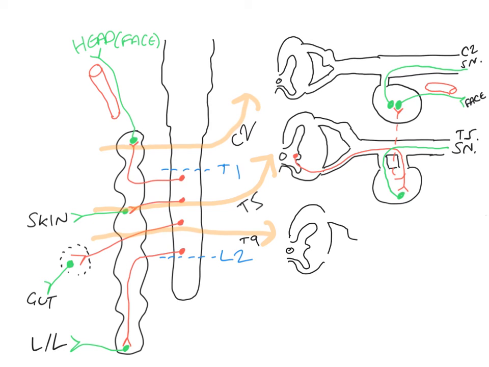We have a dorsal root with a dorsal root ganglion, a ventral root coming together. We have a spinal nerve, and it being at T9, we have got a grey ramus and a white ramus there, and a T9 spinal nerve. Of course, we've also got a sympathetic ganglion.